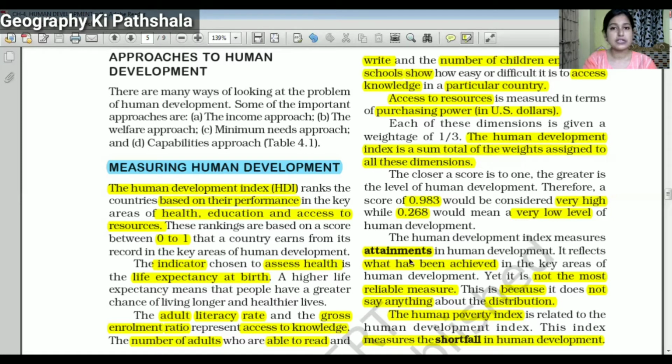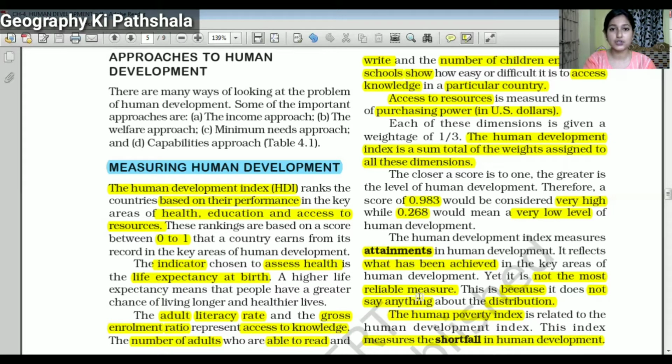But you will see that this HDI, the Human Development Index, measures the attainments, that is, it reflects what has been achieved in these key areas. But it is not actually a reliable measure, because it does not indicate anything about the distribution in these key areas.